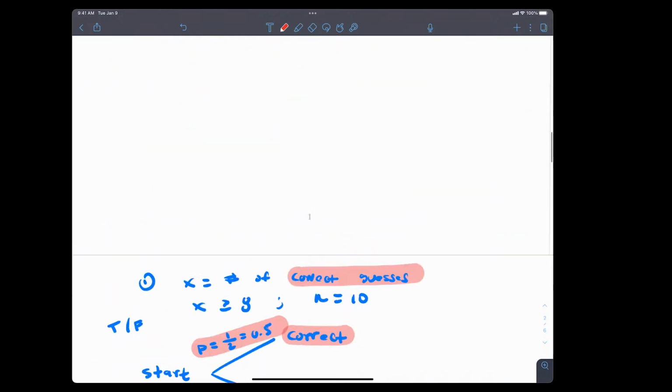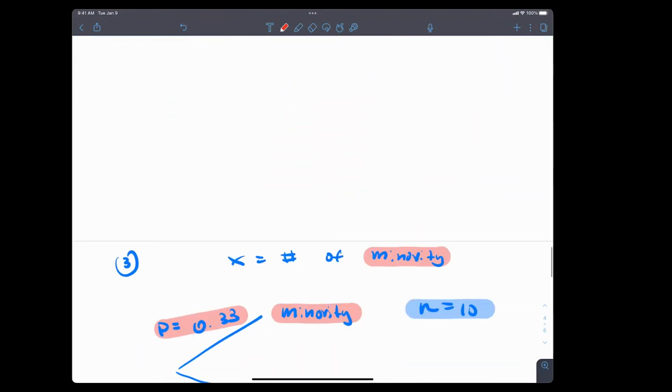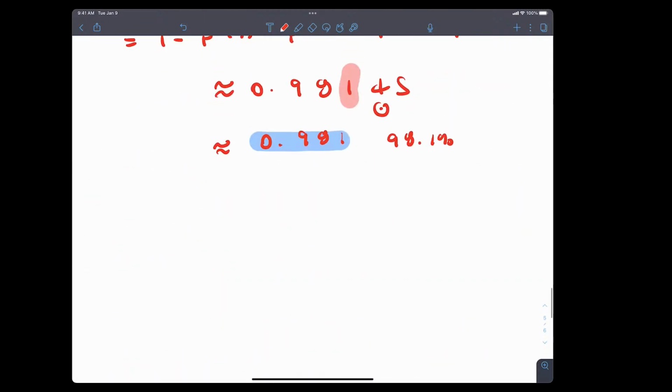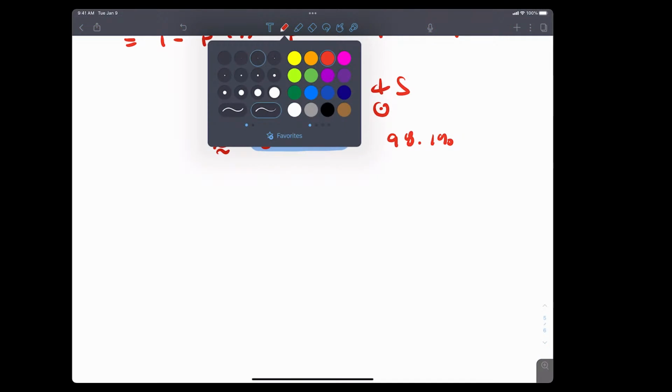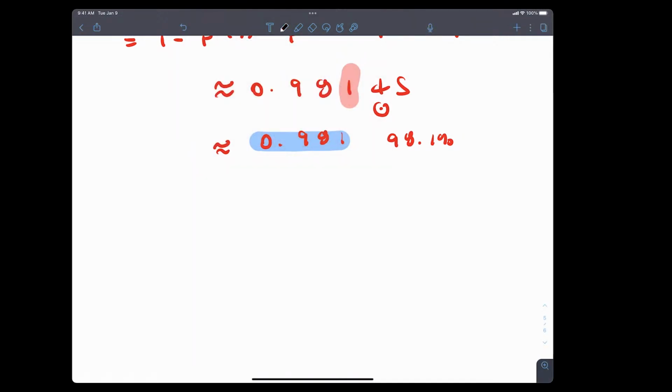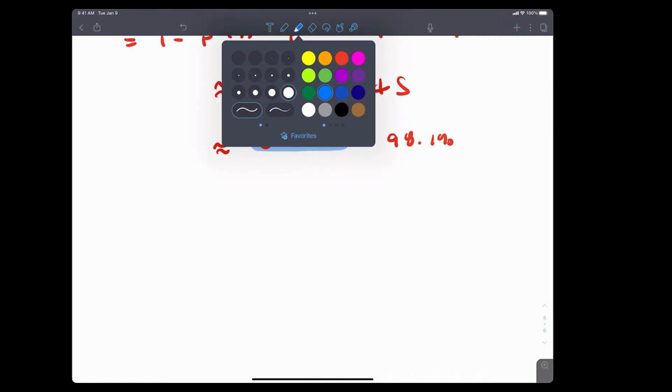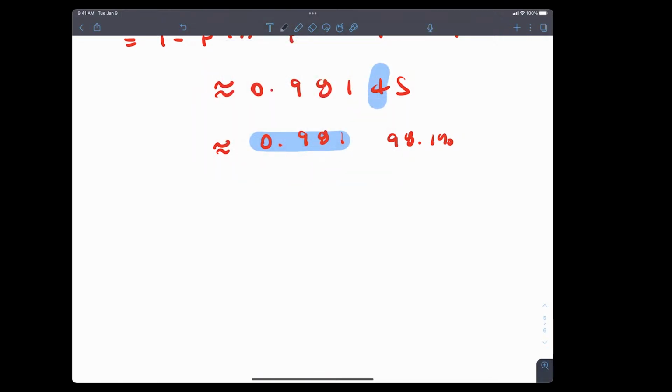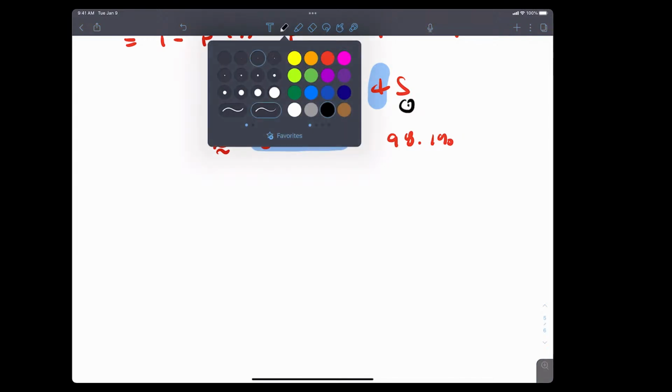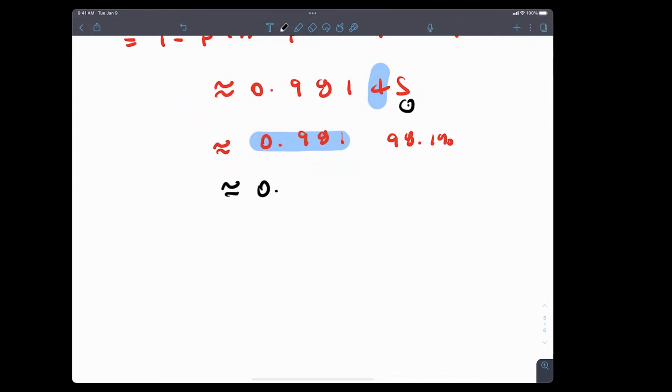So let's go back and see if we went to the 10,000ths, like the publisher. This is what they did. Here's a 10,000ths place. Look at the digit to the right. Sure enough, it's a 5. So 0.9814, add 1 to the 4, and that makes that a 5.